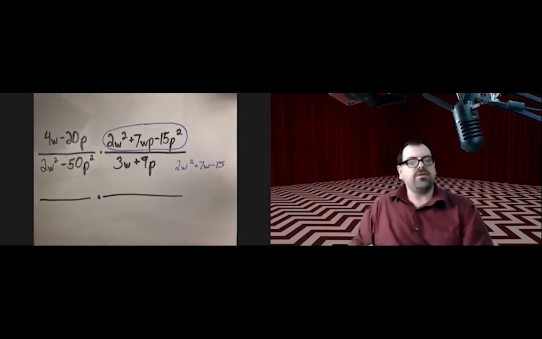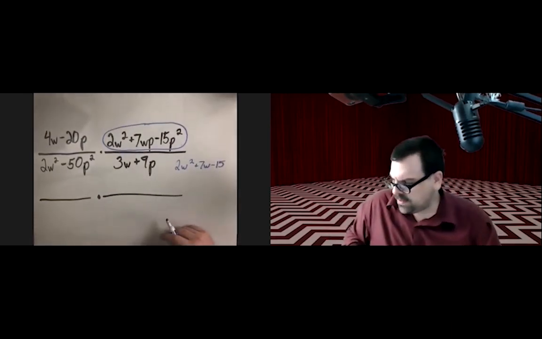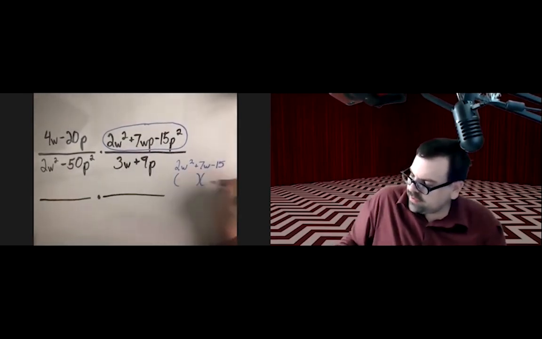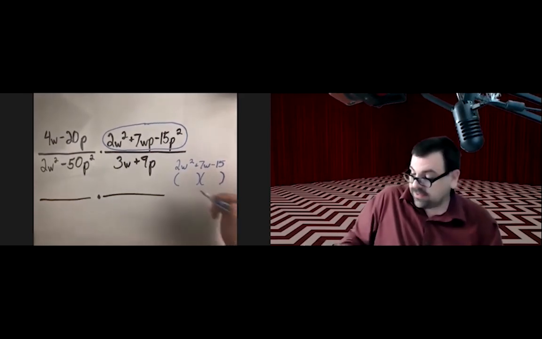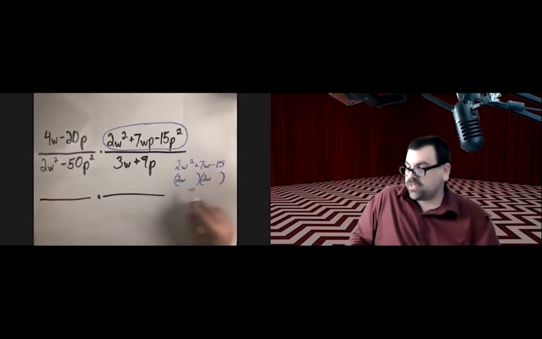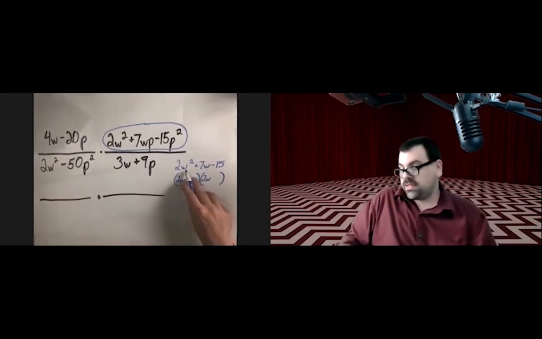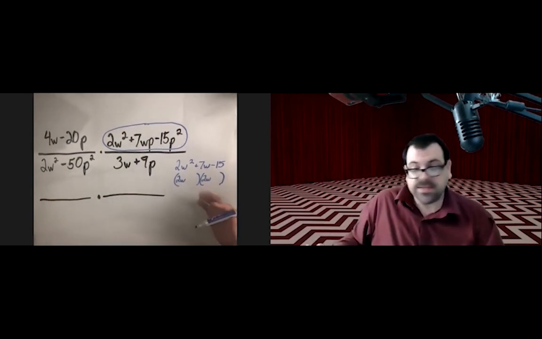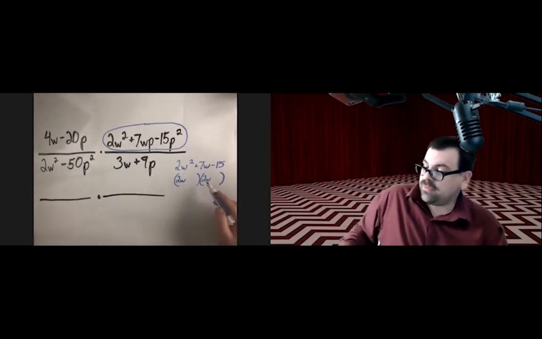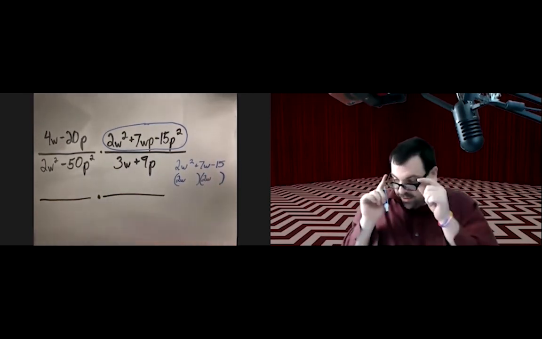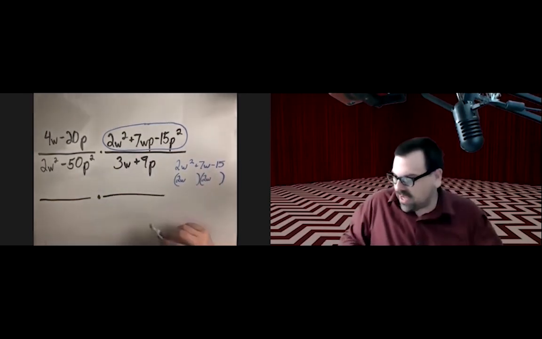I'm taking the p out of it completely. I'm going to do the airplane method, which is going to require a corrective step because we're going to start with 2w and 2w. Because we have that 2w squared, it's going to need a corrective step because, of course, 2w times 2w is not 2w squared. It's actually 4w squared. So at least one of these will divide at the end.